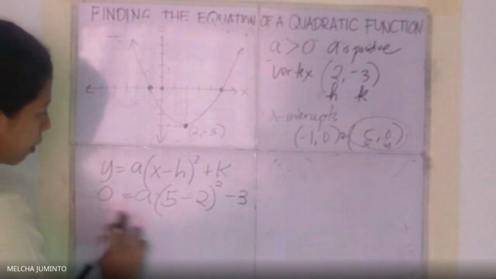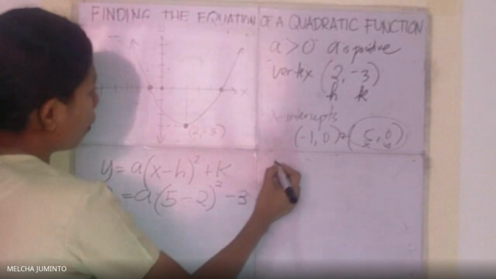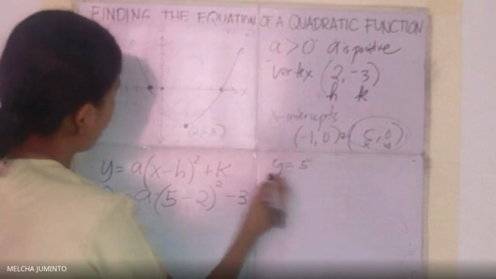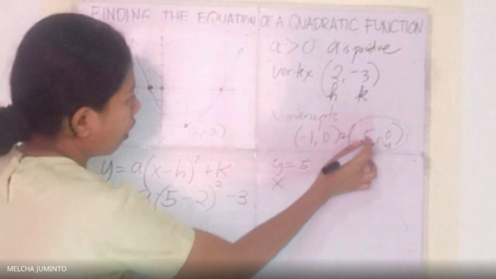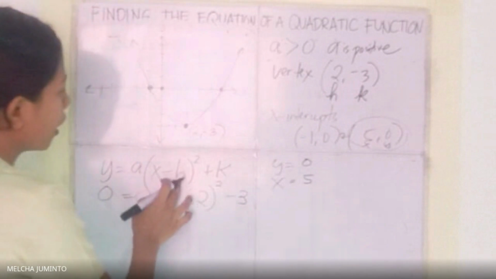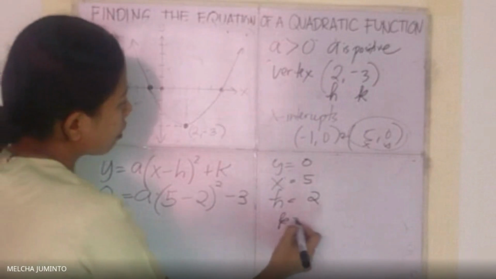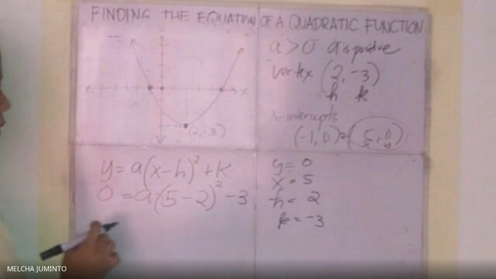So where did I get these values? y is 0 and x is 5, from (5, 0). a is unknown, so just write a. h is 2 and k is -3 from the vertex. Replace these values in the vertex form.